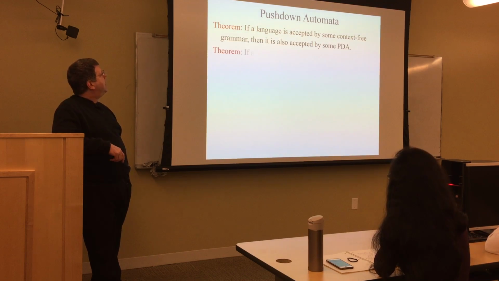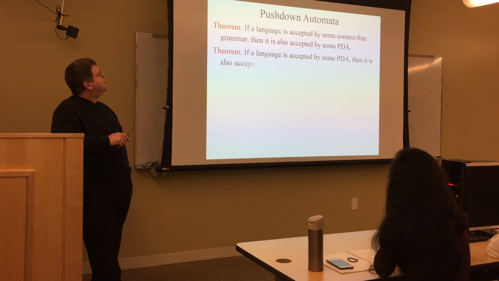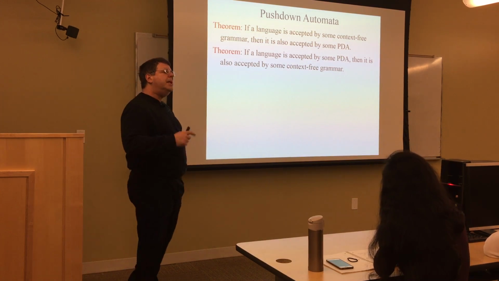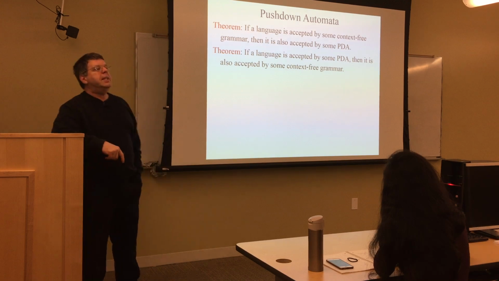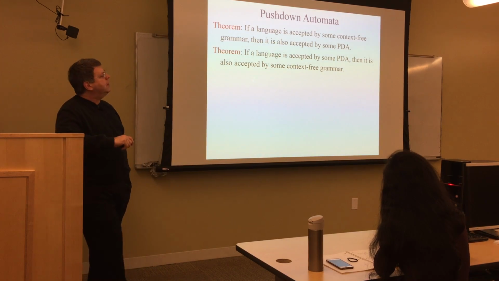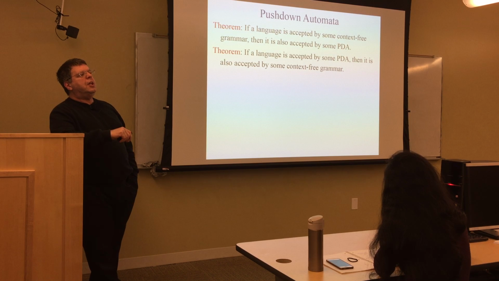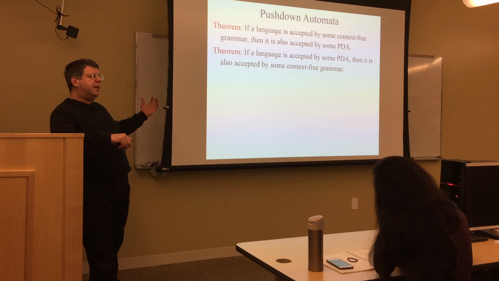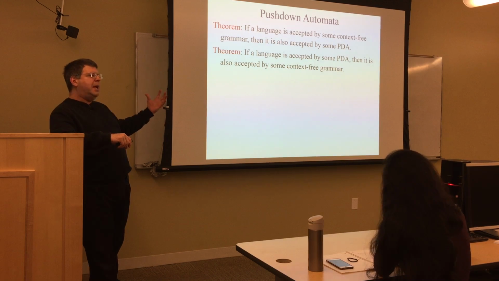So it turns out that you can prove that if a language is accepted by some context-free grammar, there's also a PDA that accepts it. Conversely, if a language is accepted by some PDA, there must be a context-free grammar that generates that language too. So these are the two characterization theorems that parallel the two characterization theorems from finite automata and regular expressions.